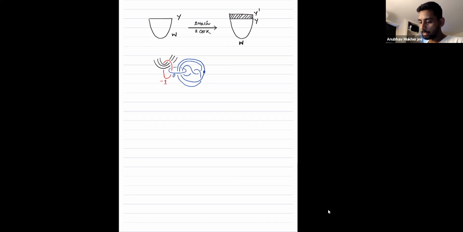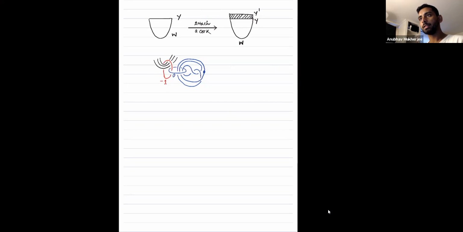You can see that this is the 2-handle here, and this is my dotted 1-handle, and they are intersecting algebraically once, so they are algebraically cancelling. Or in other words, you can say that this manifold deformation retracts onto this particular manifold W. Okay. So this is the topological idea of attaching a cork. And this cork is disjoint from everything except this intersecting one to this red knot.